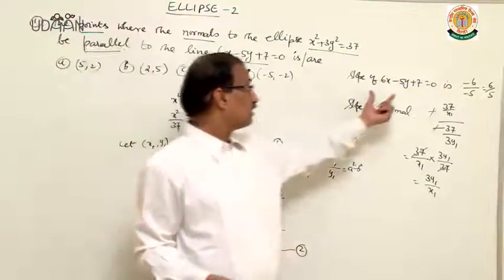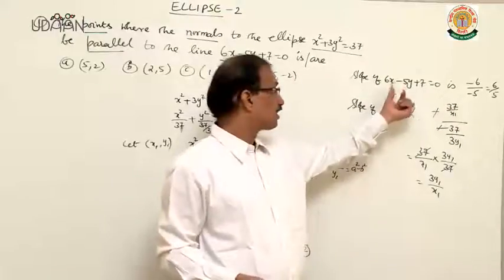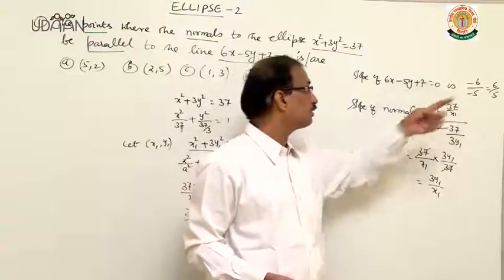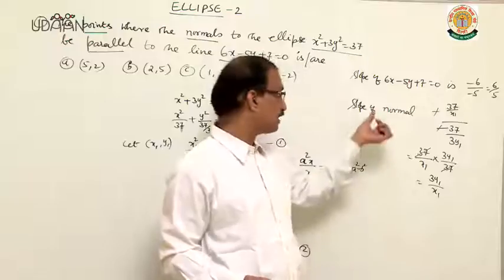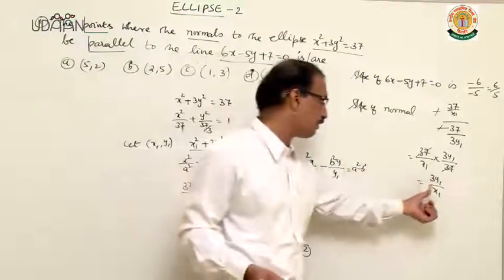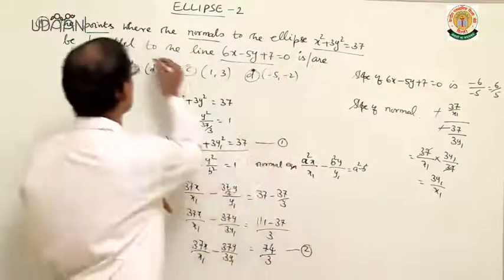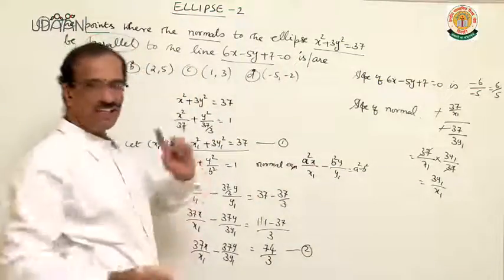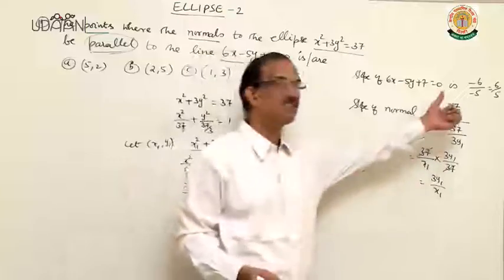So we got the slope of the line 6x minus 5y plus 7 equal to 0 as 6 by 5, and the slope of the normal at the point x1, y1 is 3y1 by x1. Since they are parallel, their slopes must be equal.